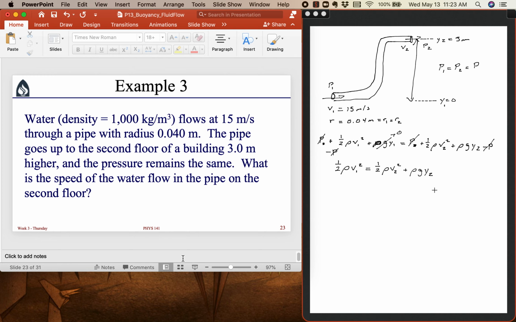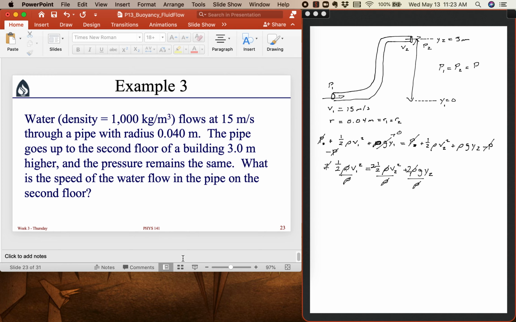All right, so if I want to simplify things even more, I recognize that I have a density in each term of my equation, so I can divide all of the terms by rho, and that cancels those out. And since I want to also solve for V2, the velocity of the water up here at the higher level, I can also simplify things by multiplying all of the terms in the equation by 2.